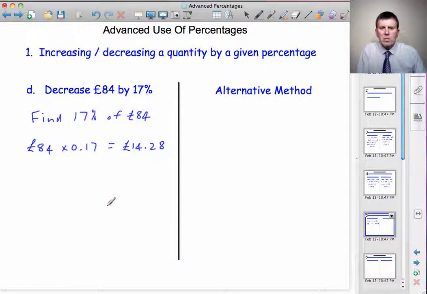And then, if we want to decrease by 17%, we needed to subtract that from the original £84. So subtract from original.